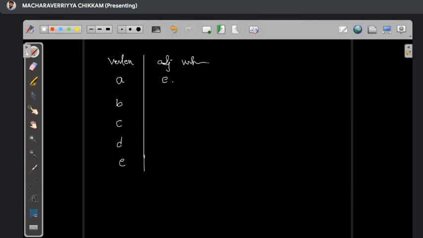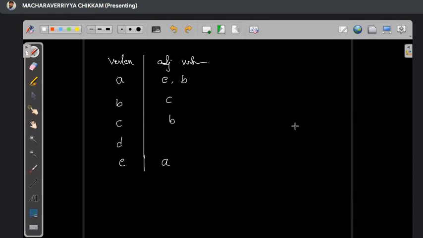For this it is E, B, and for this C. And here B. D is not connected with anyone, and for E it is A.